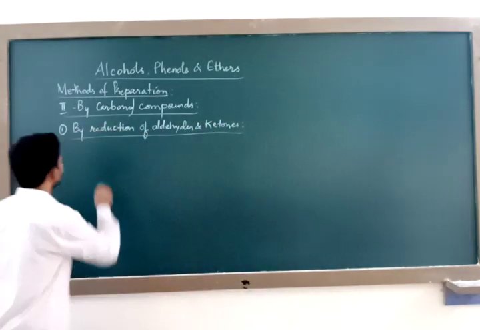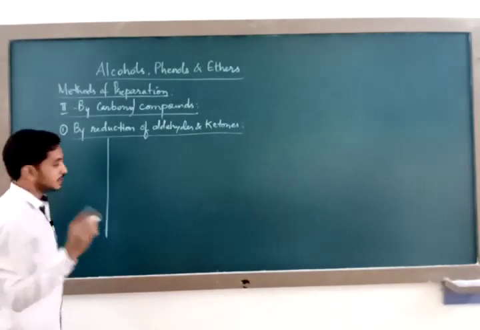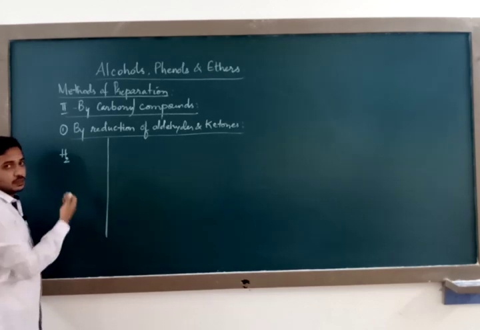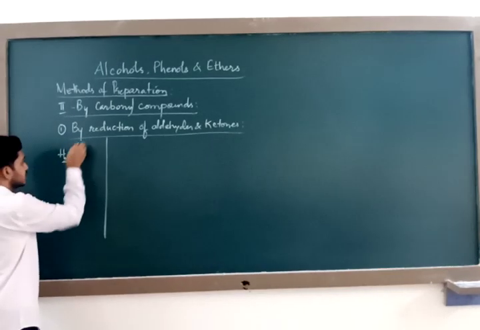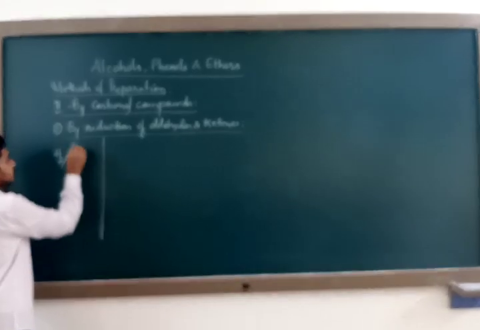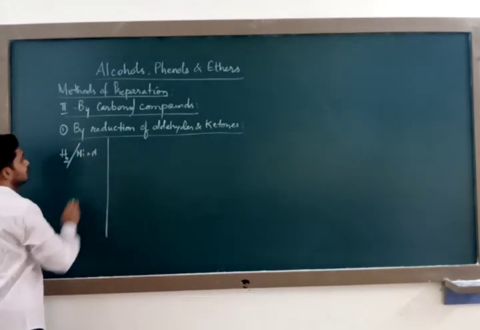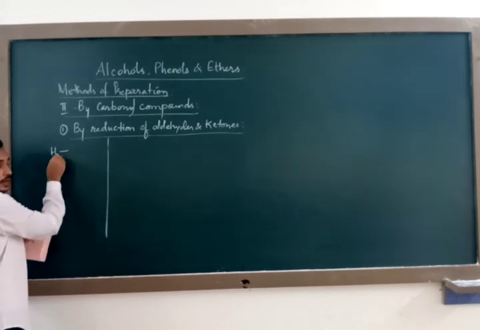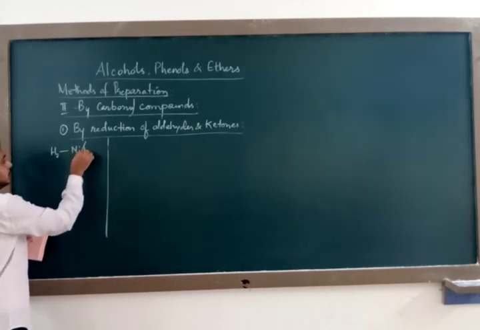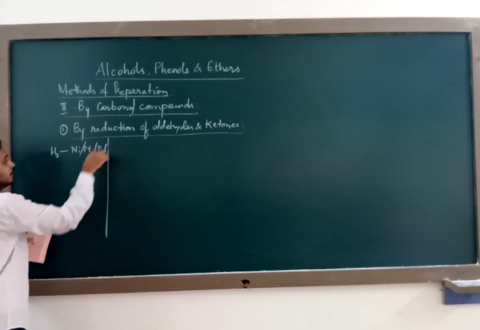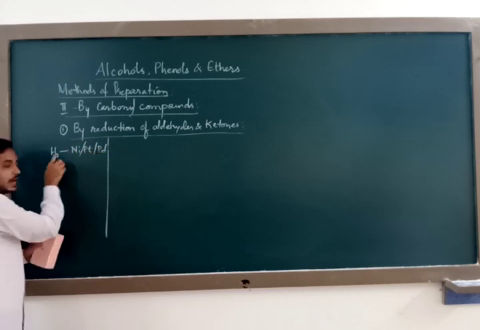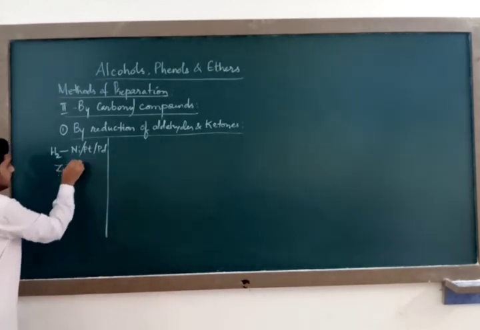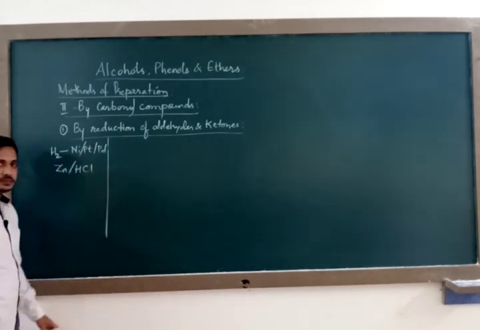The different sets of reducing agents are, remember these: catalytic hydrogenation, that is utilizing gaseous hydrogen in presence of nickel, platinum or palladium. Any one of these along with hydrogen can be used. If not, zinc in HCl.